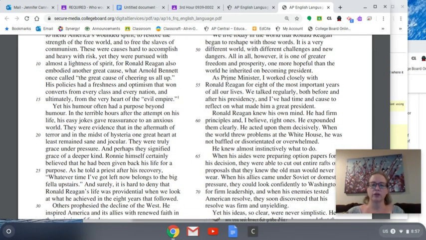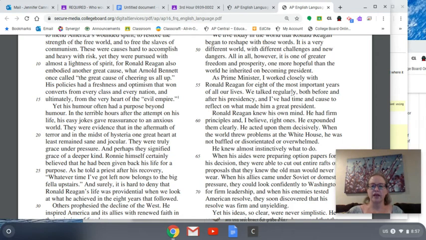As Prime Minister, I worked closely with Ronald Reagan for 8 of the most important years in all our lives. We talked regularly, both before and after his presidency, and I've had time and cause to reflect on what made him a great president. Again, we have that repetition of great president that we had in that opening. So it's very generic, but she's coming back to it.